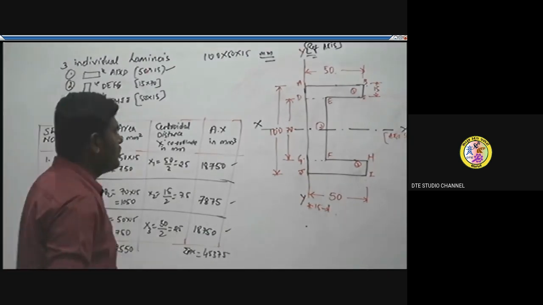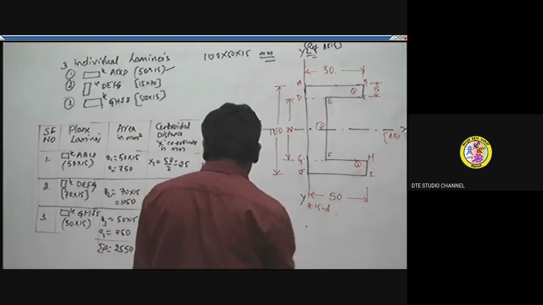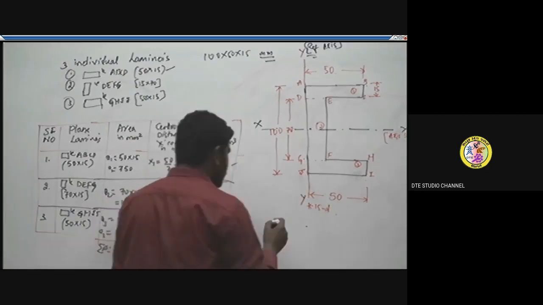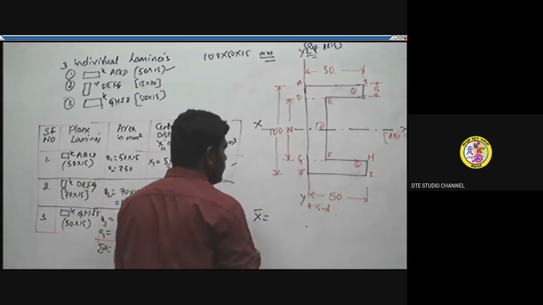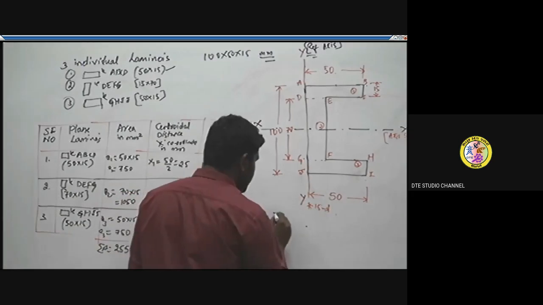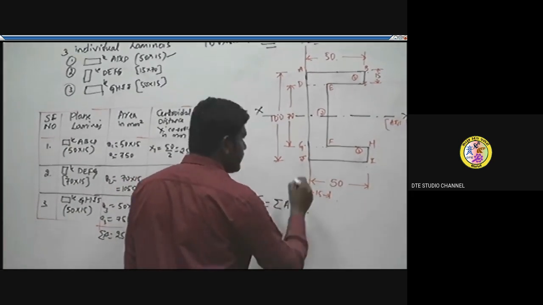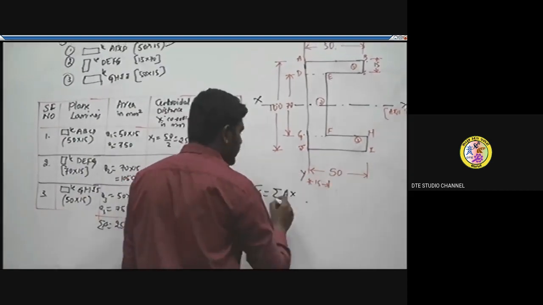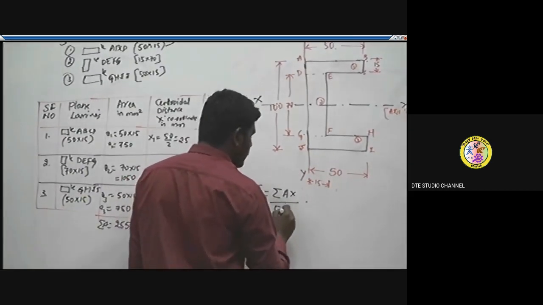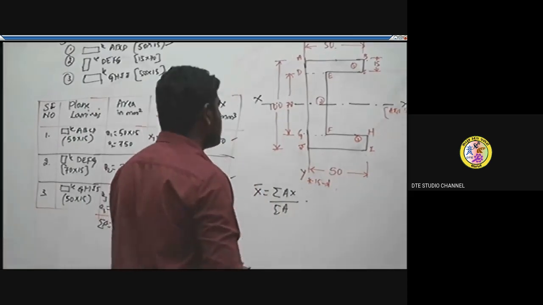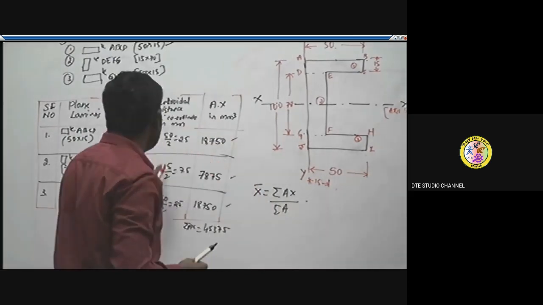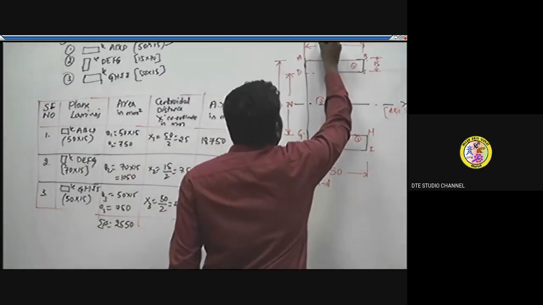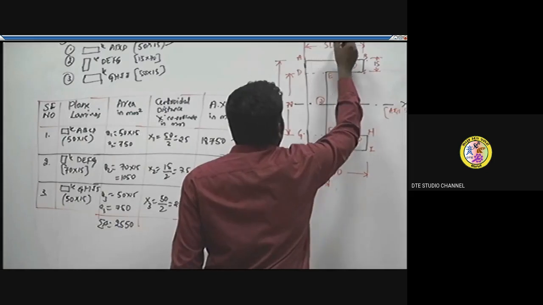Now in the next step we need to apply the formula. By the method of moments, we came to know that the x coordinate is equal to the summation of the product of its areas into its centroidal distances, that is sum of A into x, since this is symmetrical to the x axis, upon the total area. Before that, just locate the distances here. x1 is 25 mm, half of its length.